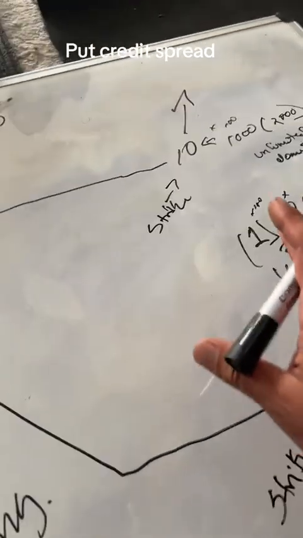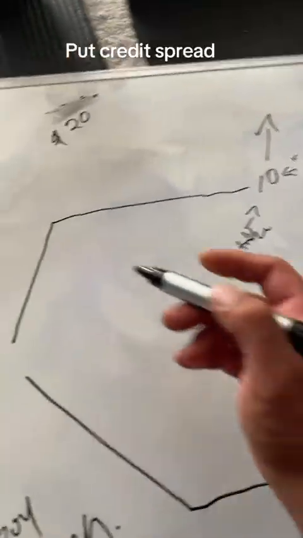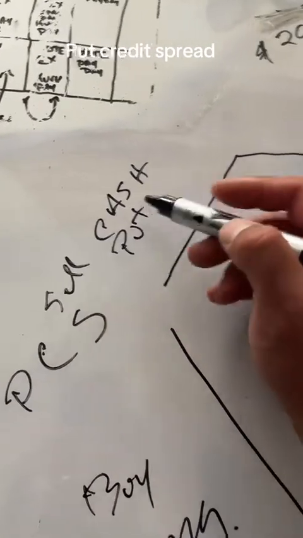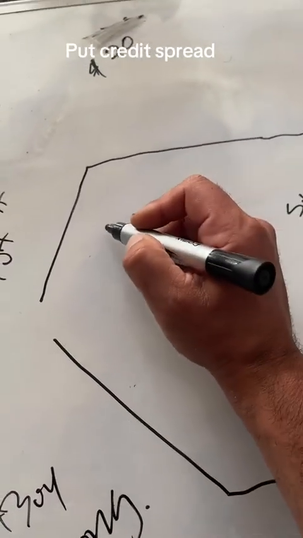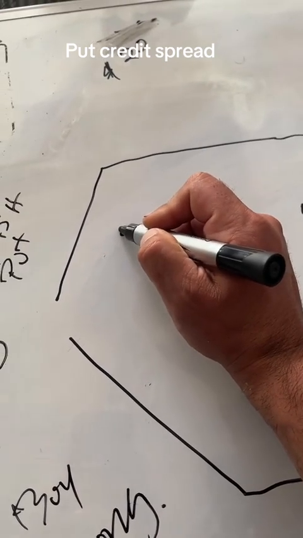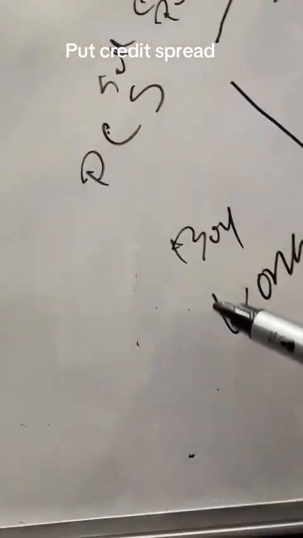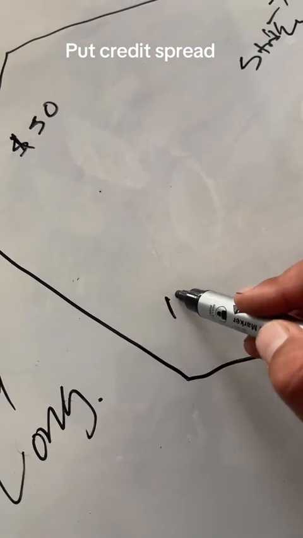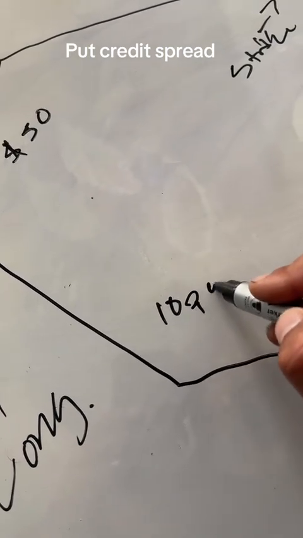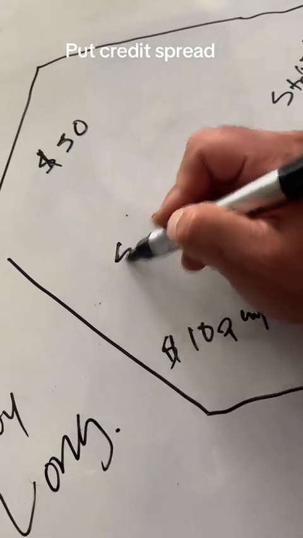So let's put some different numbers into context to see how this works. Assume on the cash secured put side, assume you make $50. Okay, and then on the buy put side, you're going to pay $10. Okay, the difference is 40.